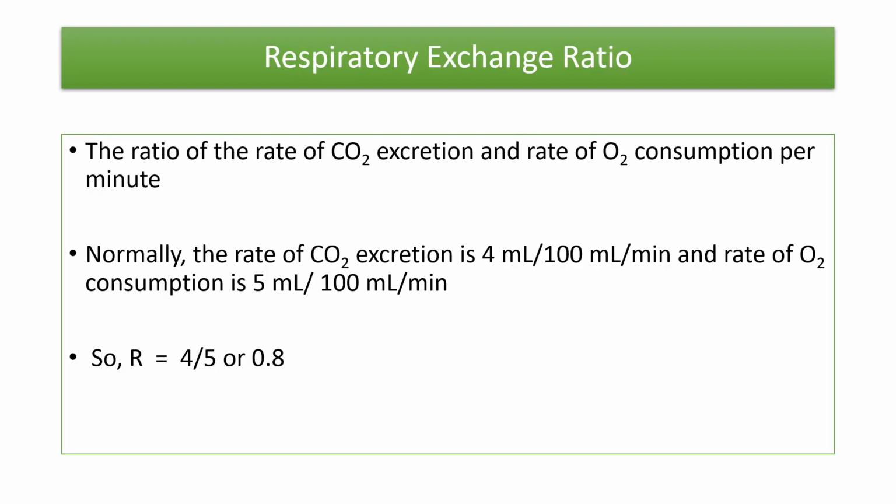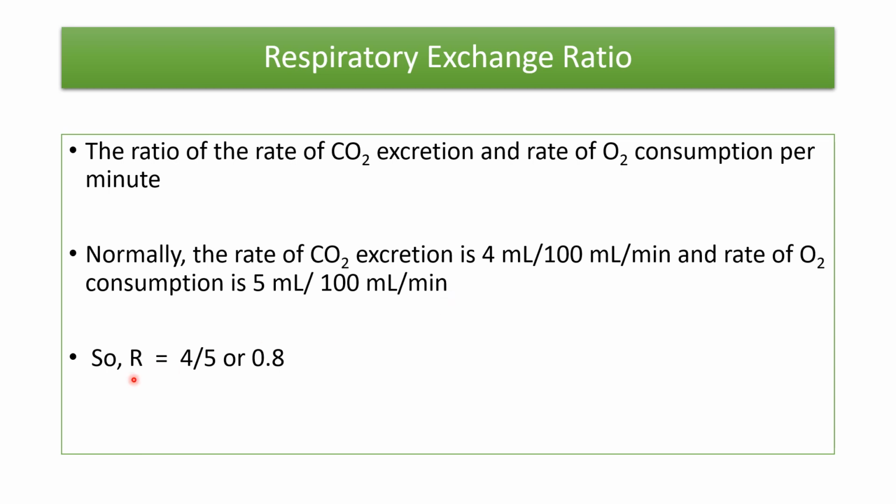In the end, what is the respiratory exchange ratio, that is also known as respiratory quotient? It is the ratio of the rate of carbon dioxide excretion to the rate of oxygen consumption per minute. Normally, the rate of carbon dioxide excretion is 4 milliliter per deciliter per minute, you know it, and rate of oxygen consumption is 5 milliliter per 100 ml per minute.